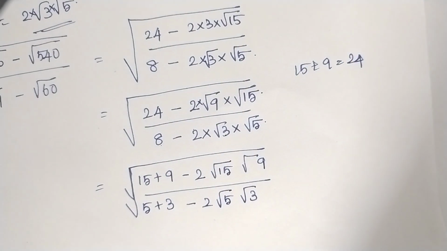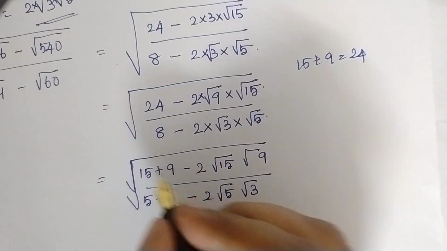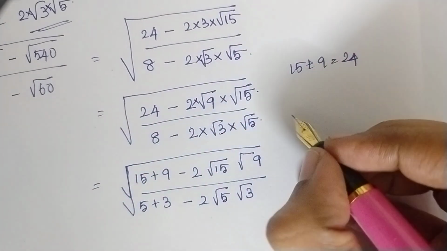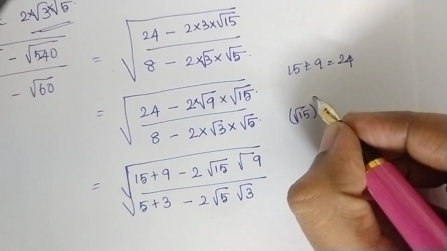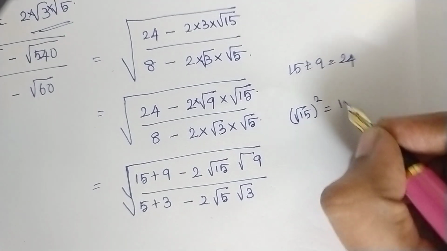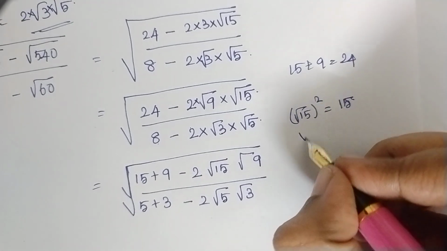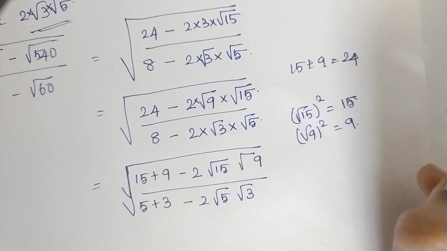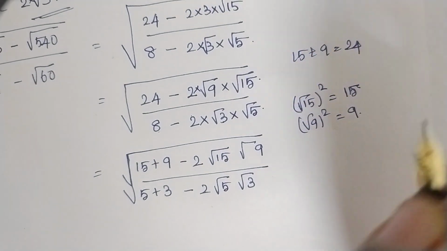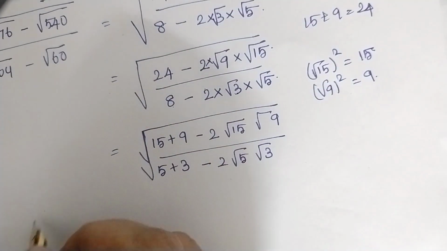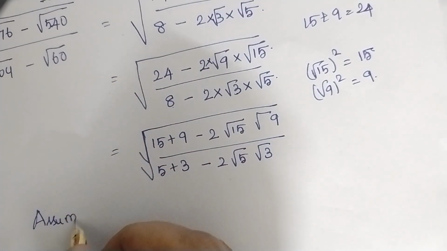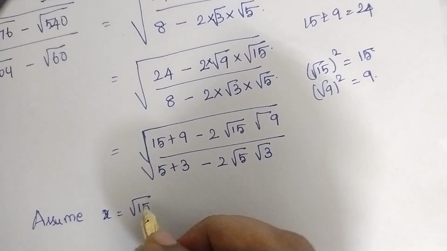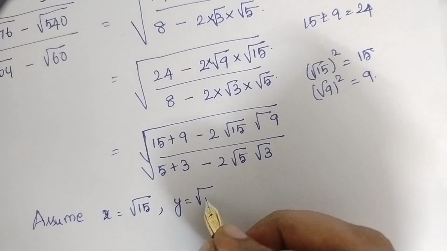Now I am going to assume that root 15 the whole square is equal to 15, similarly root 9 the whole square is equal to 9. So I am going to make a substitution to get it clear. Assume x is equal to root 15 and y is equal to root 9.